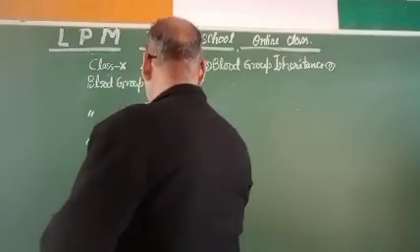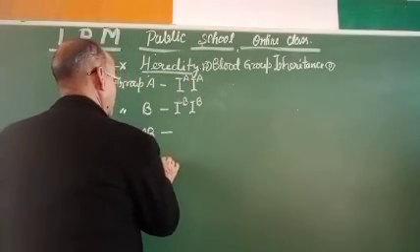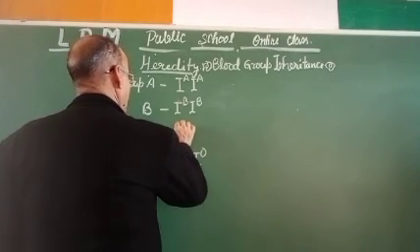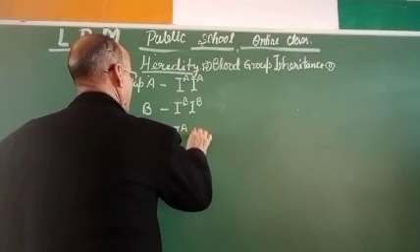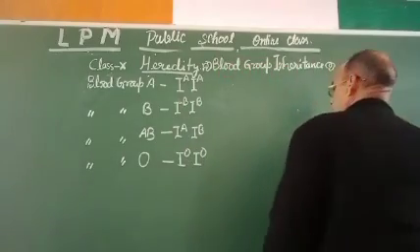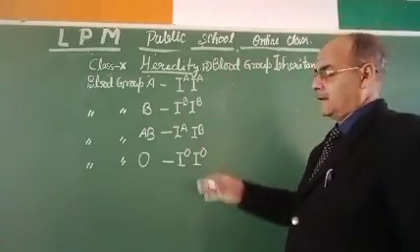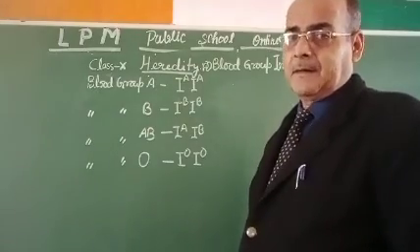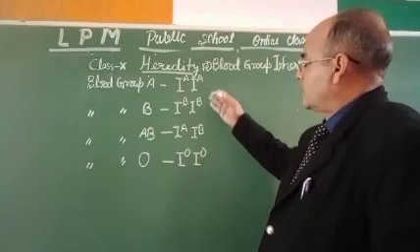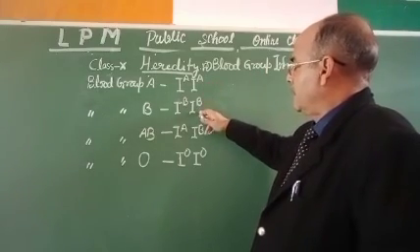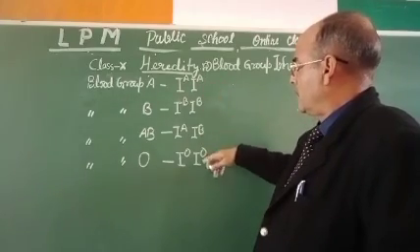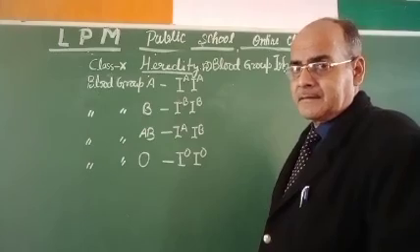Blood group O has I O, and this is I A and I B. So, my dear students, you can take any example and cross between any 2 groups, like group A and group B, group B and group AB, group AB and group O, group A and group O, group B and group O, like this.